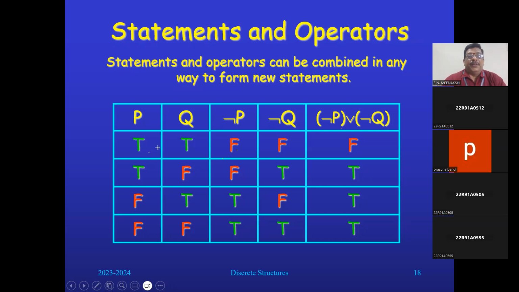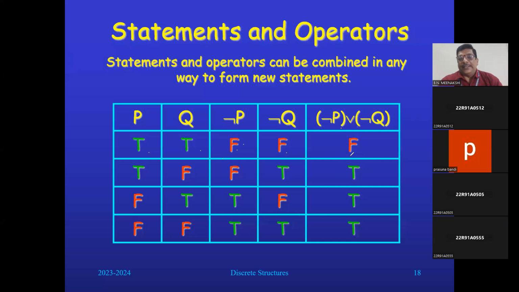So here, P is true, the negation of P is false. Then Q is true, the negation of Q is false here. Then we are going to find negation of P union negation of Q. Here we are using the disjunction.